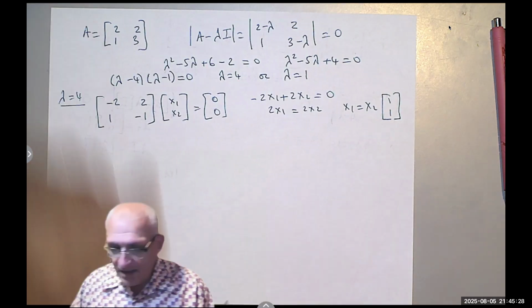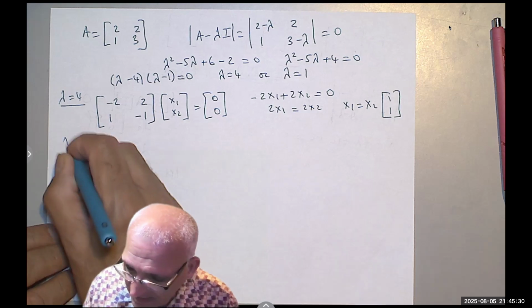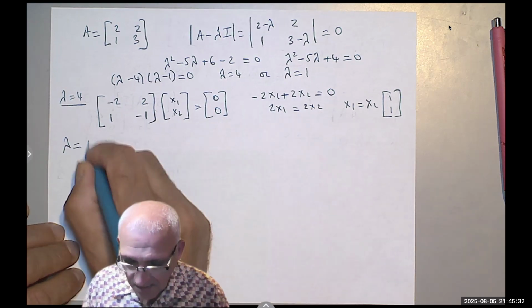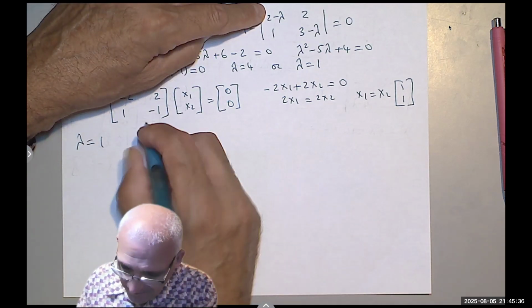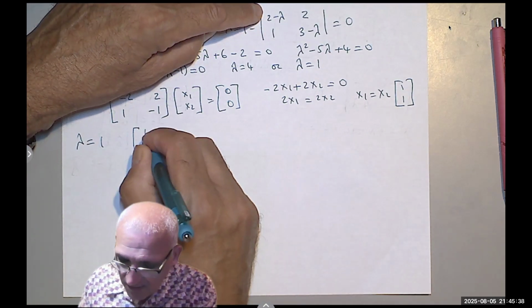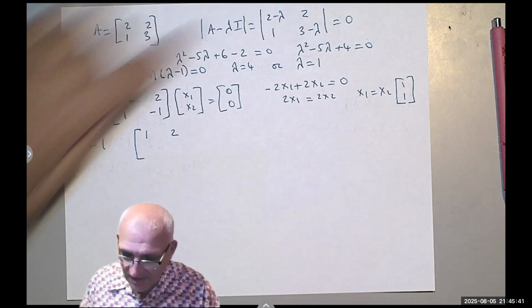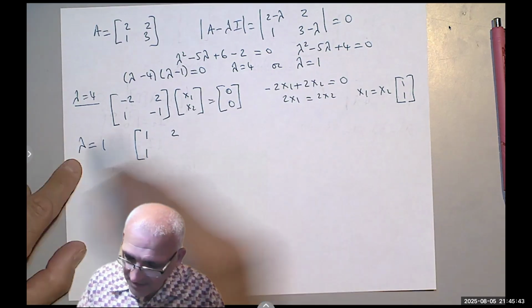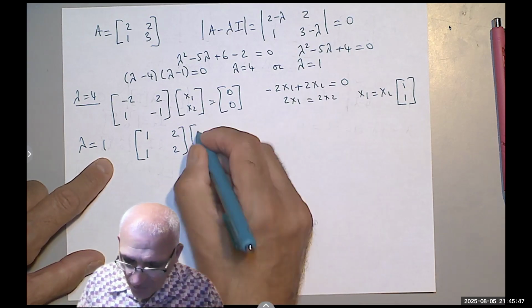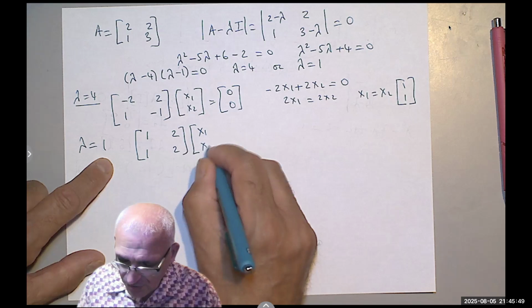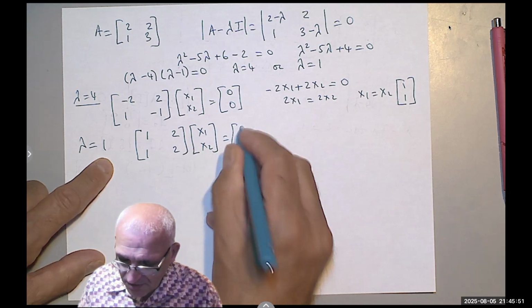Okay. Let's go back and say for lambda equals 1. If I substitute, I get 2 minus 1 is 1, and then 2, and then 1, and then 3 minus 1 is 2. So I get the same exact equation, x1, x2 equals 0, 0.